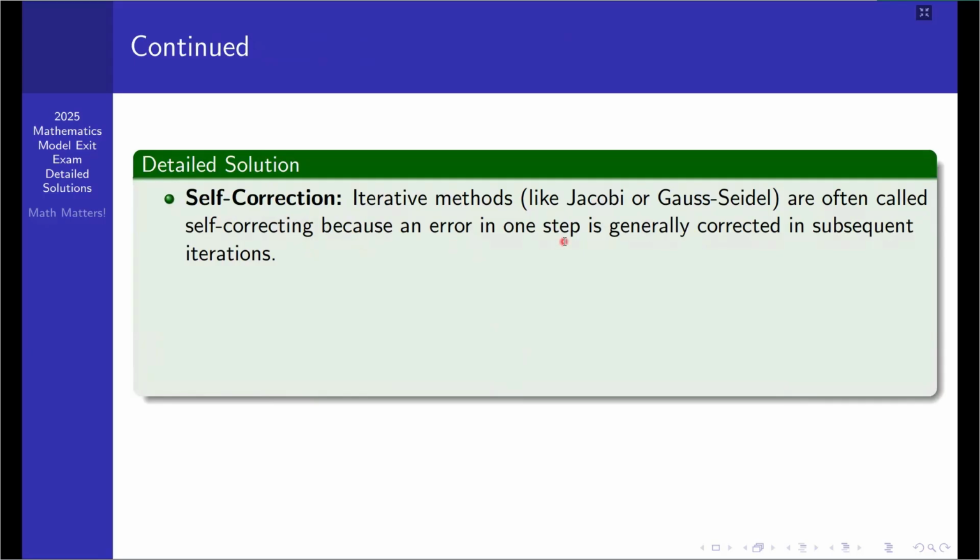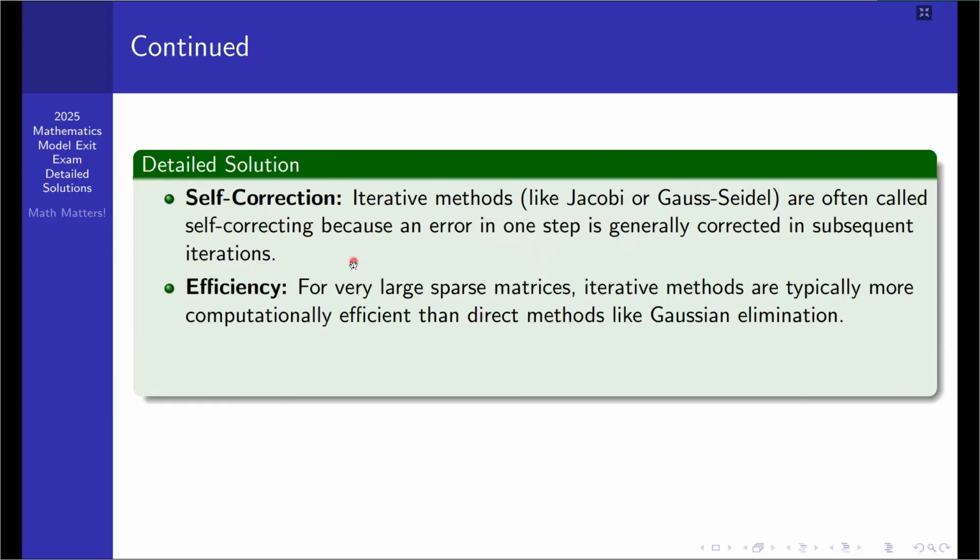It corrects a step by itself, because the errors in one step are generally corrected in subsequent iterations. The efficiency shows for very large sparse matrices, with a very large number of equations and variables.